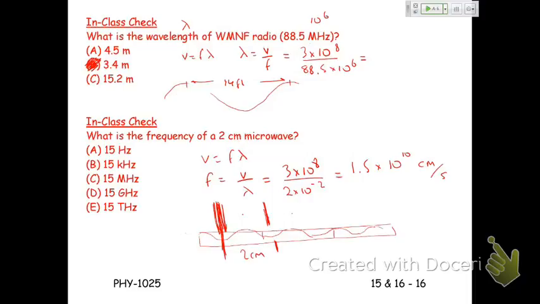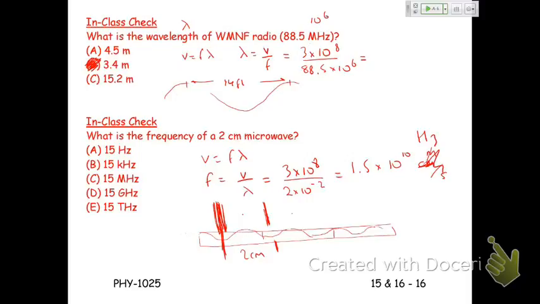This is, again, more than I want you to know, but 2 times 10 to the minus 2 centimetres. Oh, no, that's right. So that would be in metres per second. Let me just check about that. F equals V over lambda. Yeah, I'm sorry. So that's hertz. That's how fast your microwave is oscillating.